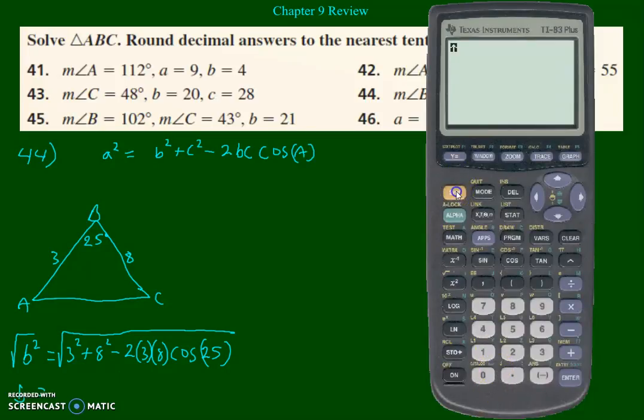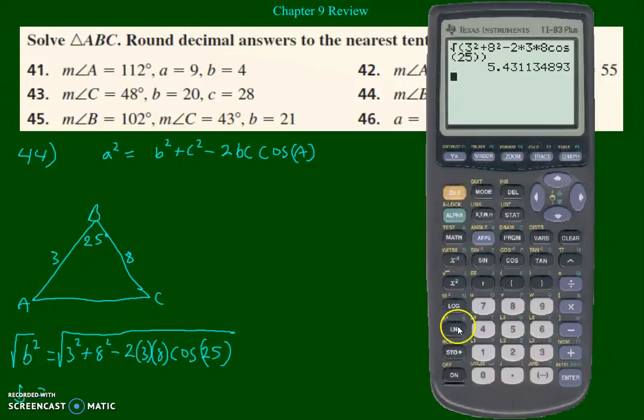So we have square root of 3 squared plus 8 squared minus 2 times 3 times 8 cos 25. 5.4.